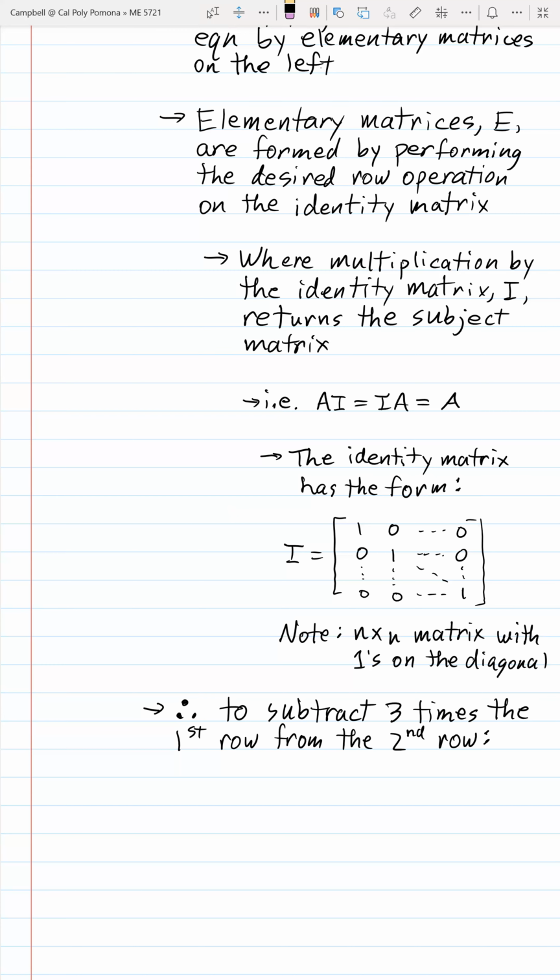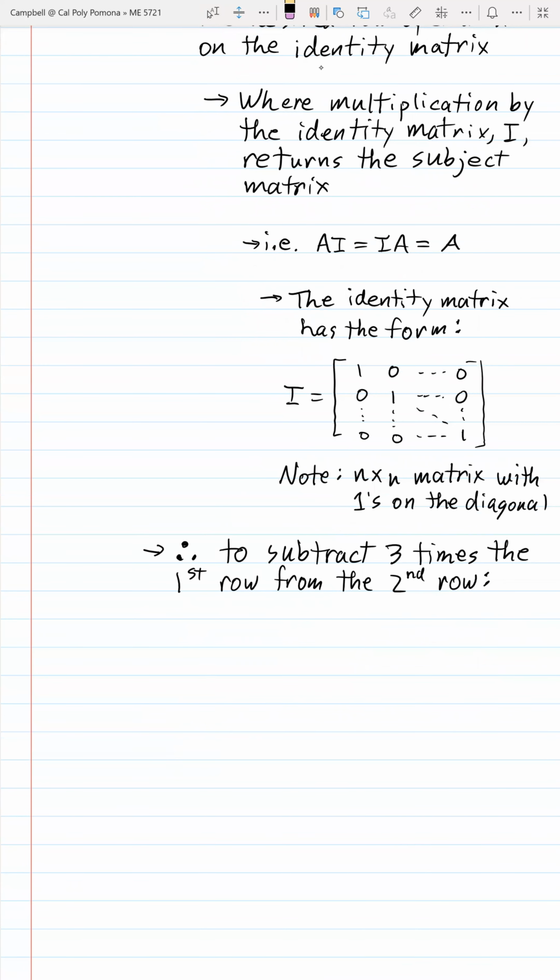Well, since this is our first elementary matrix, let's just say that that's E1. And E1 is going to be my identity matrix, except to subtract 3 times the first row from the second row, we need a -3 there. And it turns out that we just have a 0 up in the upper right-hand corner. So let's see how that works.